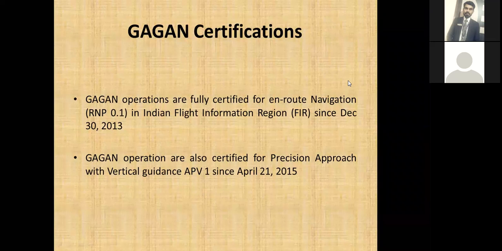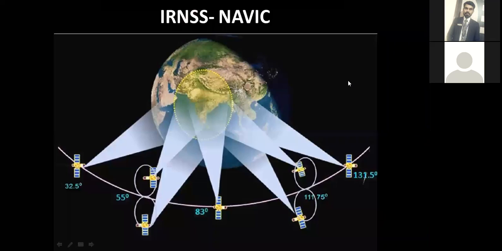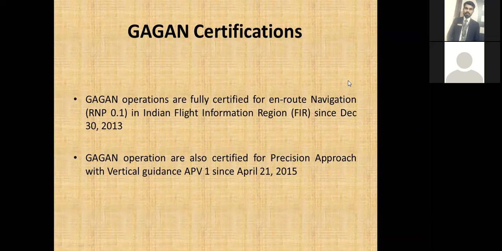And Gagan got a certificate for vertical guidance, which is APV1, during 2015. Means for a category 1 type of landing, they can use Gagan. Category 1 means where the runway will be visible from a height of 200 feet. Okay, next.